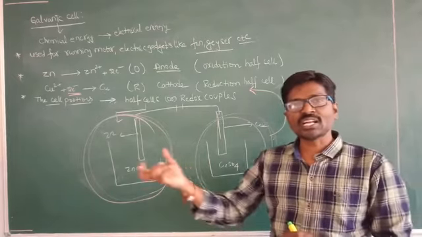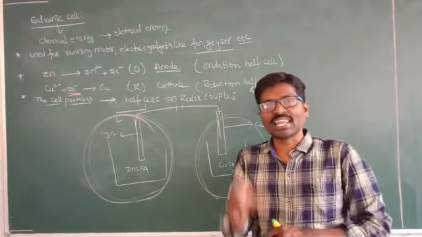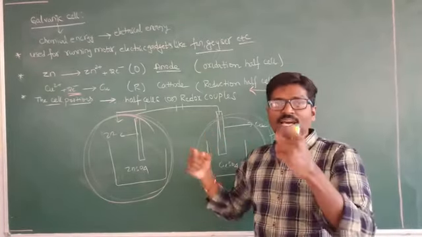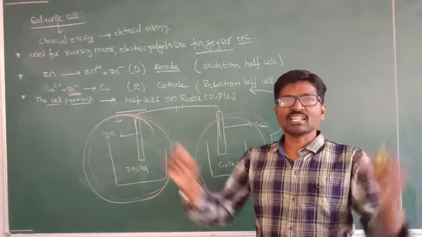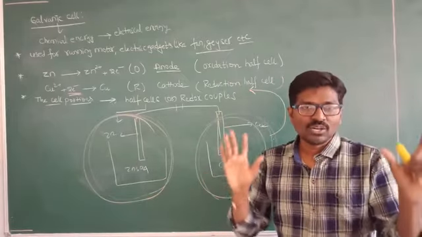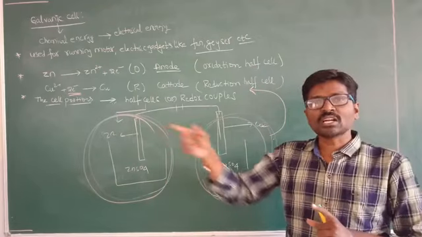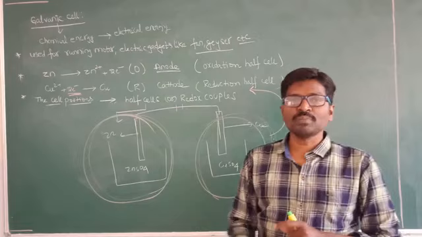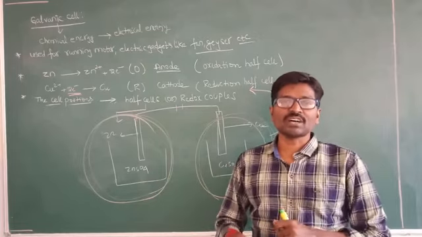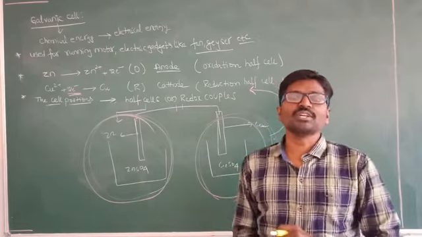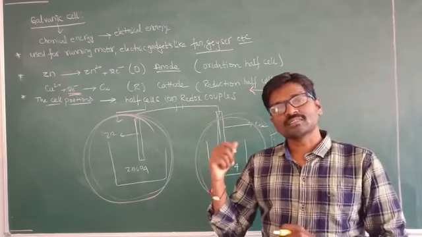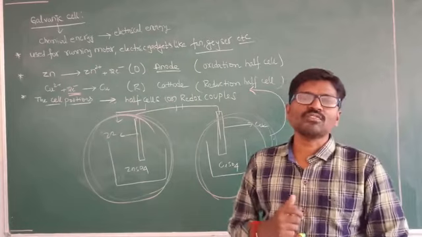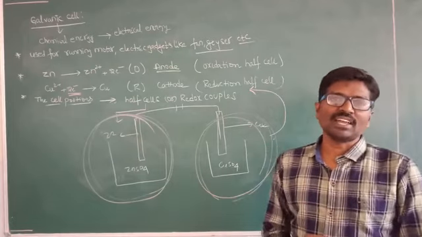But the function and construction of the galvanic cell, or the Daniel cell, is the same. Two electrodes are placed in the electrolytic solution and connected through a metallic wire. The construction and mechanism are the same; the only difference is that we are using different types of electrodes. Like this, we can prepare a large number of different types of galvanic cells.